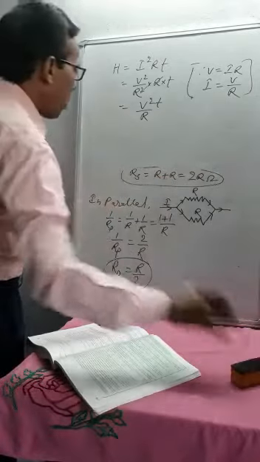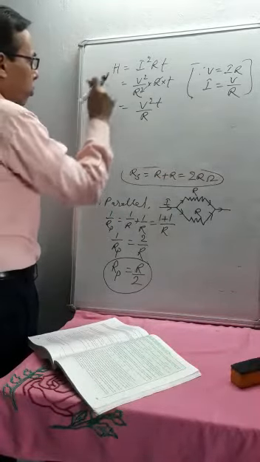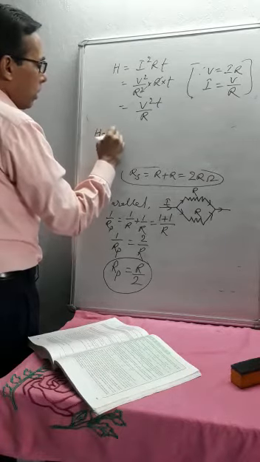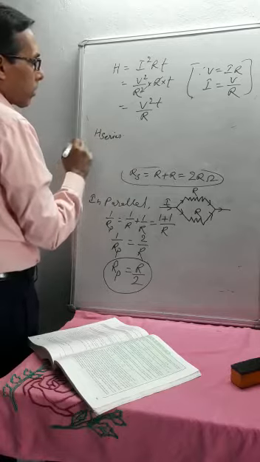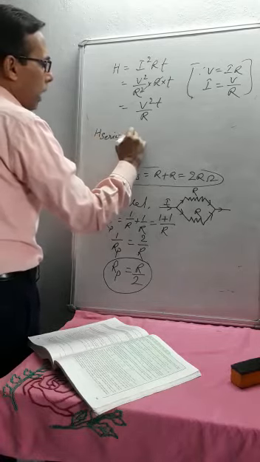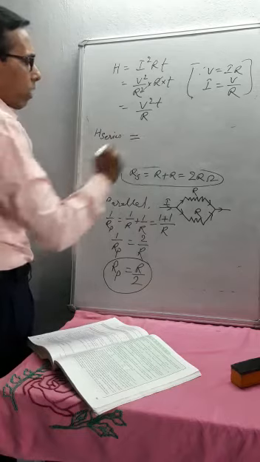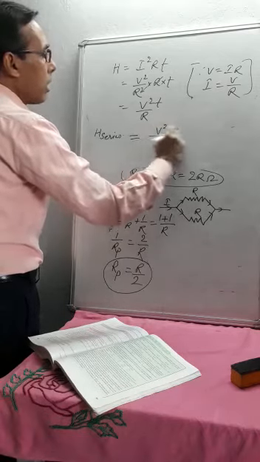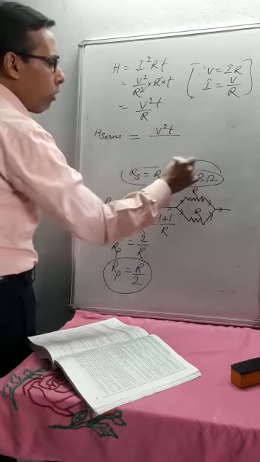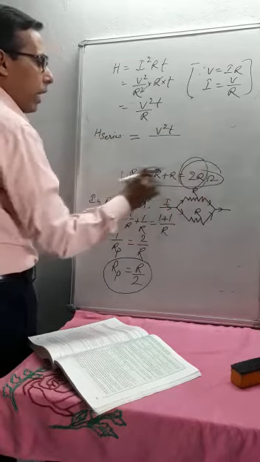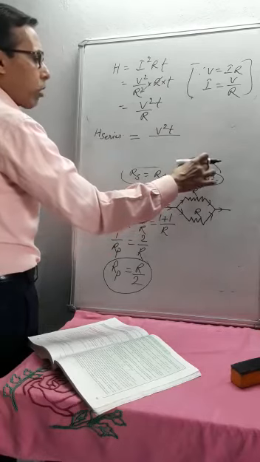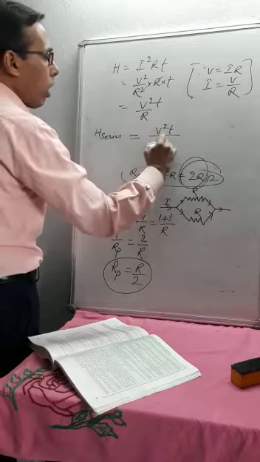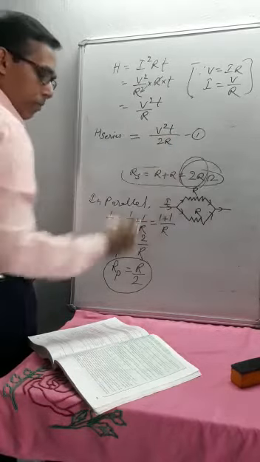Now you have to find the value of heat produced in series. H series is equal to V square T by R. In series combination, the equivalent resistance is 2R because both are connected in series. So here you write 2R in place of R. This is equation number 1.